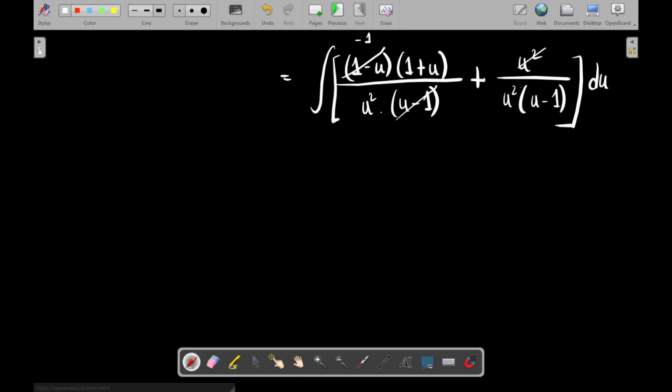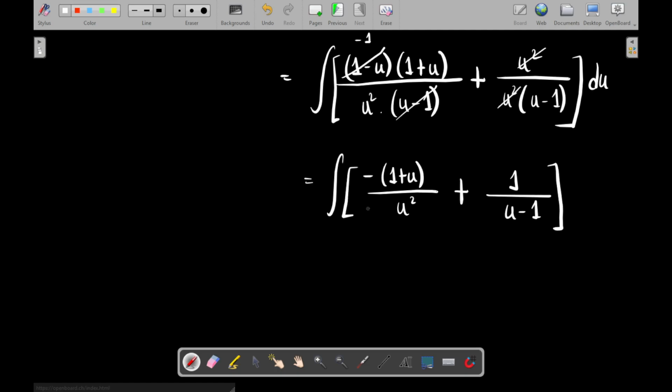Similarly, this u square and this u square cancel out, so we are now left with minus of (1 plus u) upon u square, plus 1 upon (u minus 1) du.